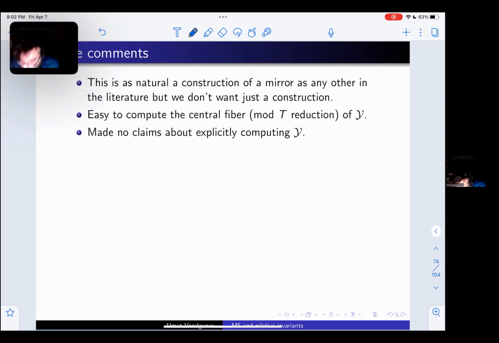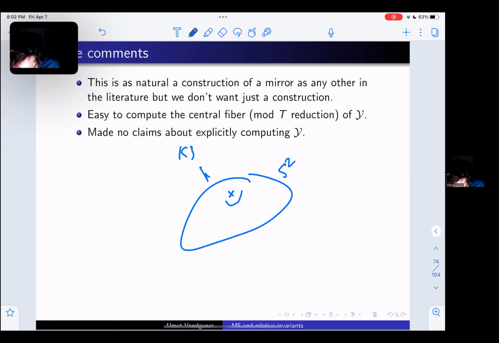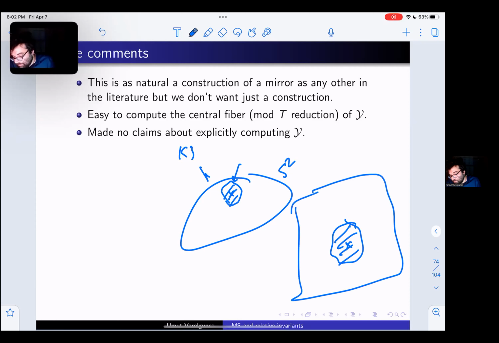But for example, even in the K3 case, let's say you have a K3 with some S2, and you take some neighborhood of this. You would think that you know the answer to what the relative symplectic cohomology of this is. This is something you can also think of as a subset inside some complete local manifold, with no other singularities.